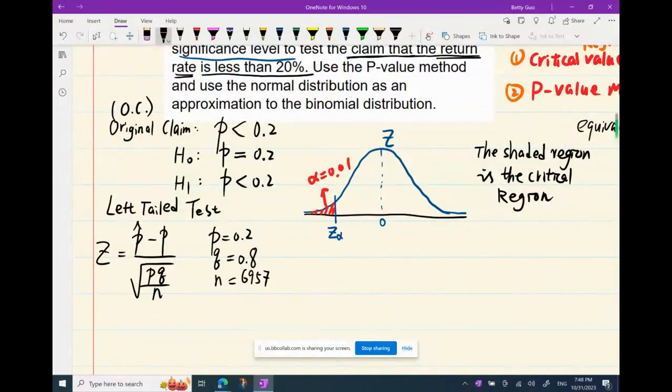And what about p hat? P hat is the sample proportion, the estimation of the population proportion. In this case, it is x over n, the number of successes over the sample size.